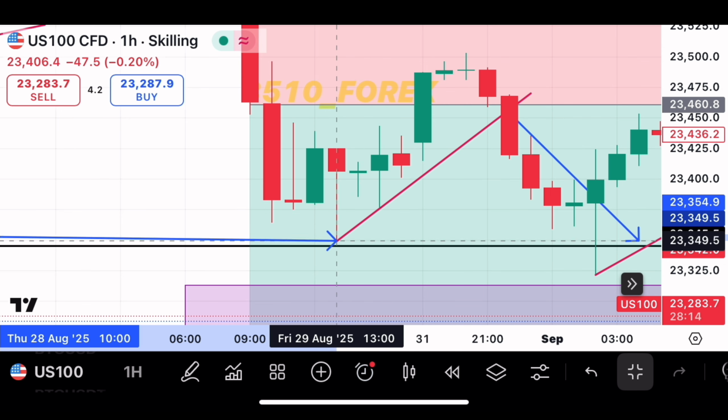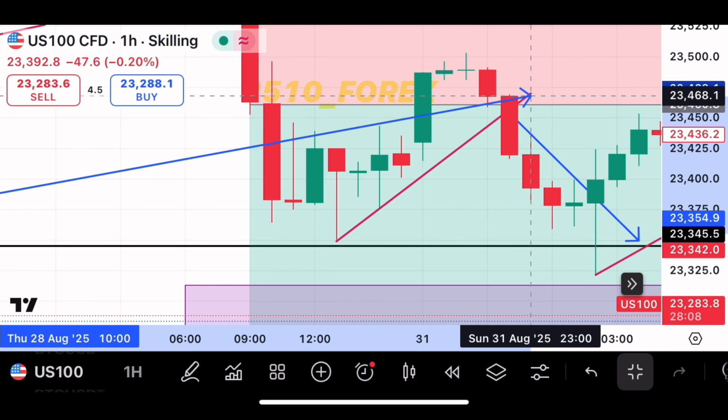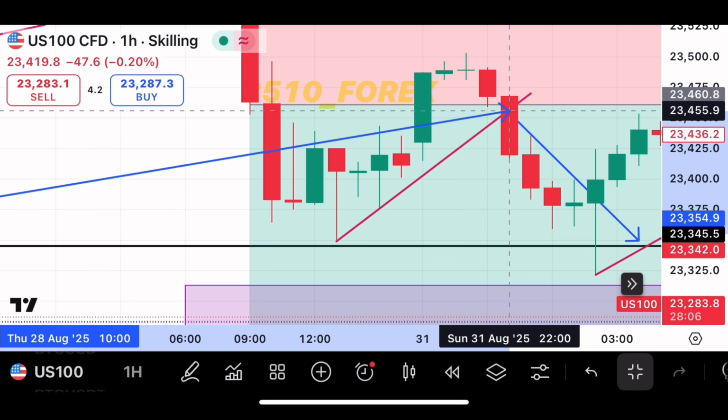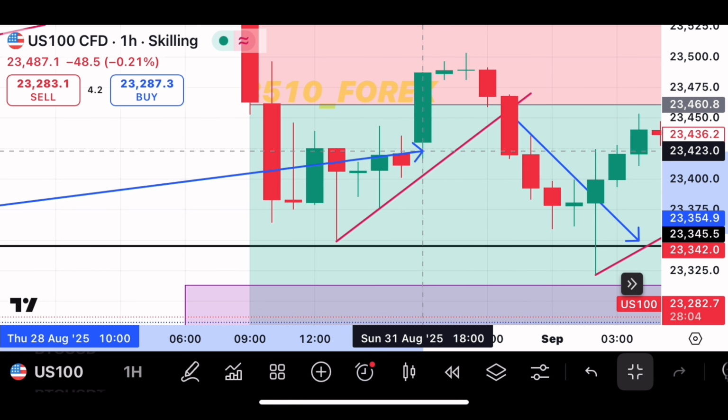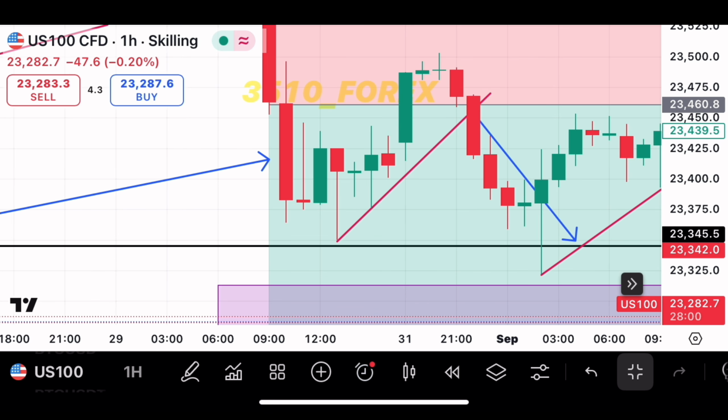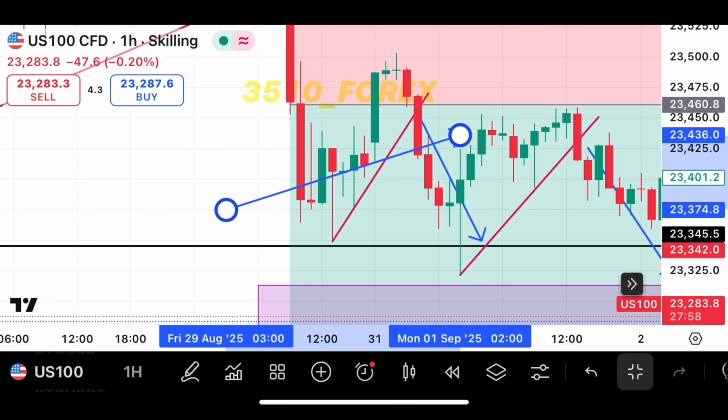But remember, I was still swinging, and this was going to be me scalping. But I was not scalping, I was not swinging, I was just day trading, holding my trade a little longer than 5 minutes.